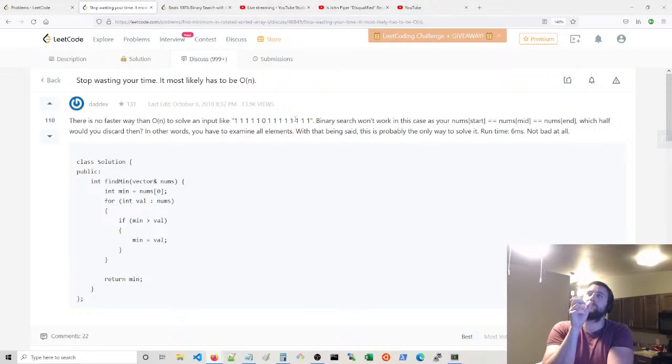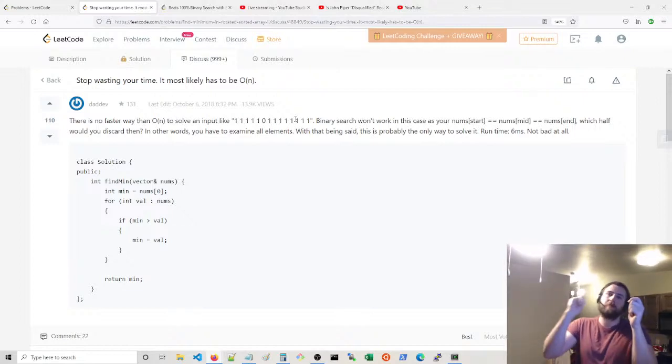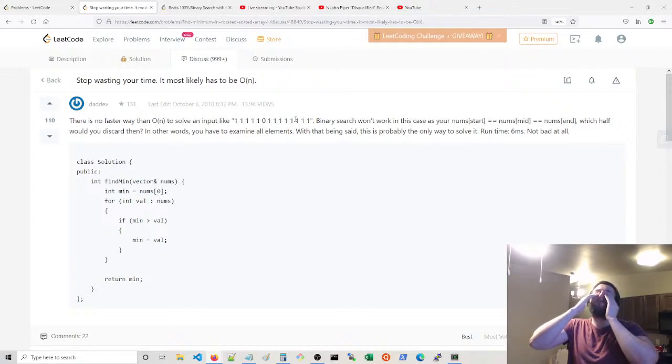So let's say there's an element on the left that's larger, and an element on the right that's smaller. That means it was rotated.